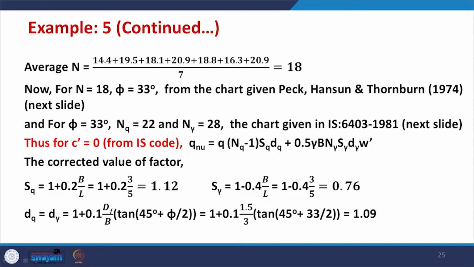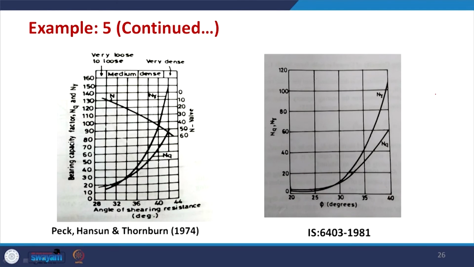Now, if you got this value of N, then we can use the chart which is given in the IS code to get the corresponding value of phi. And the chart here, we can use either the IS code, or in this case the chart used by Peck, Hansen and Thornburn. The chart is given in the next slide, this is the Peck Hansen slide.